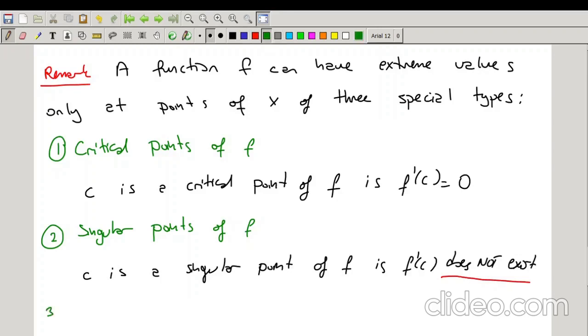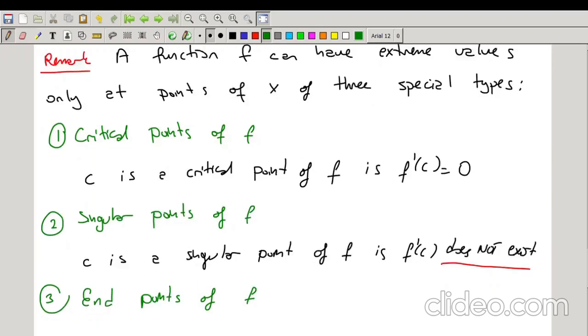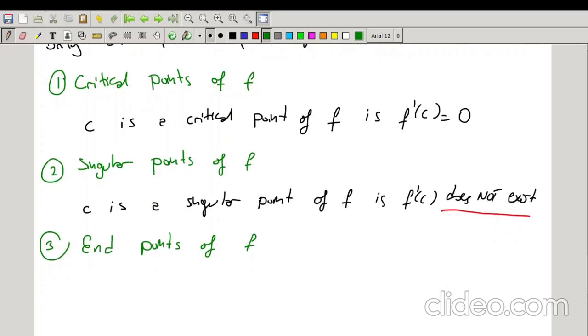And the third one, we may have endpoints of f. For endpoints, you have to consider the domain of f, or if you are given an interval, you check the endpoints of the interval, the closed interval. Okay.